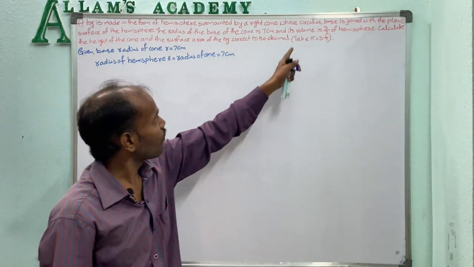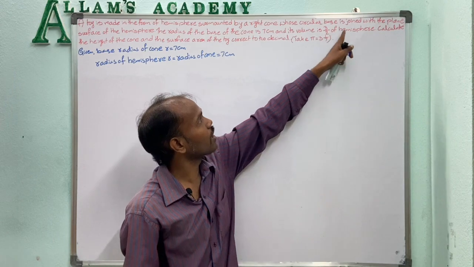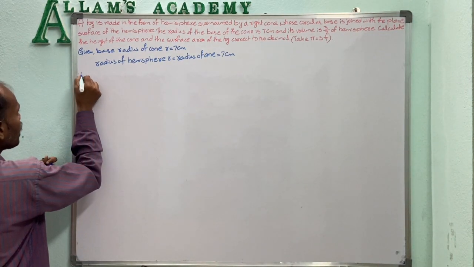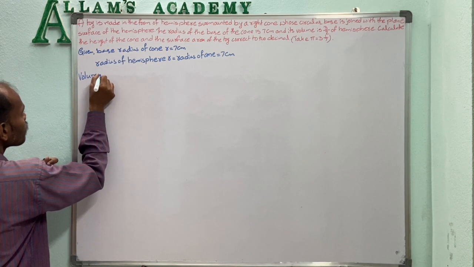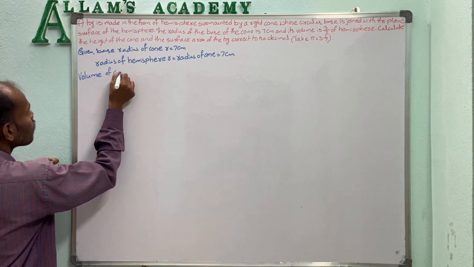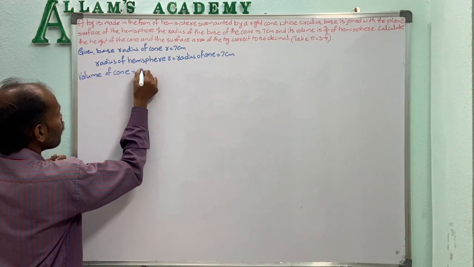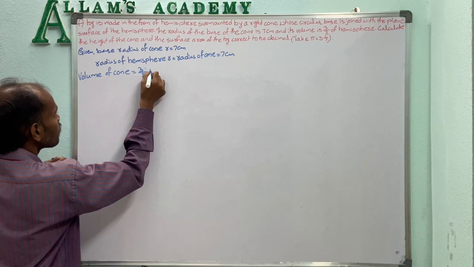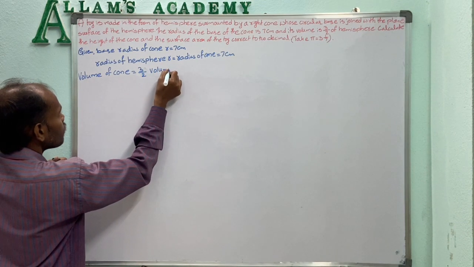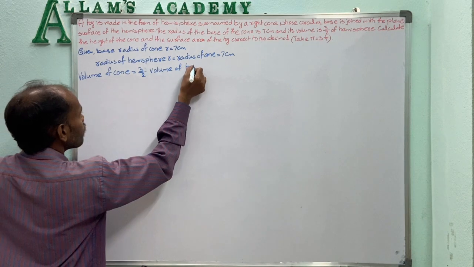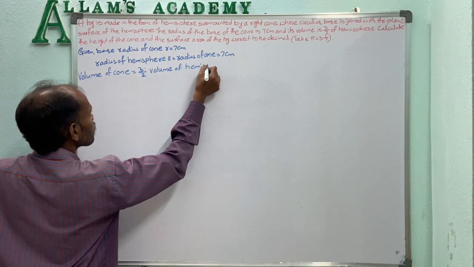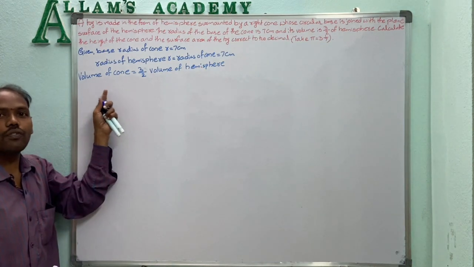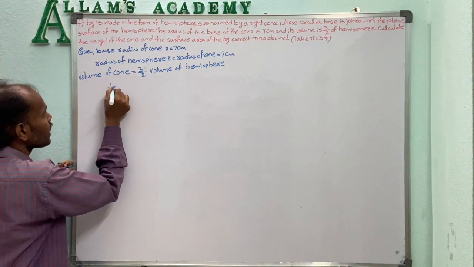Now, given the volume of the cone is equal to 3 by 2 of the volume of the hemisphere. So the volume of the cone is 1 by 3 pi r square h.